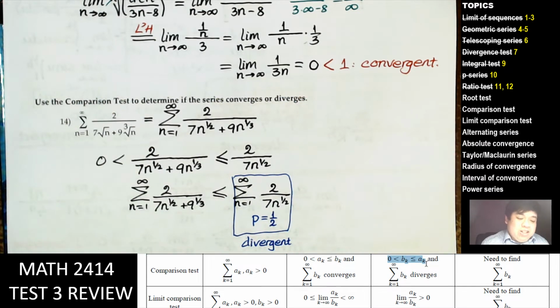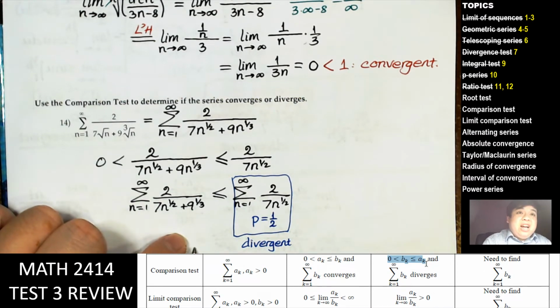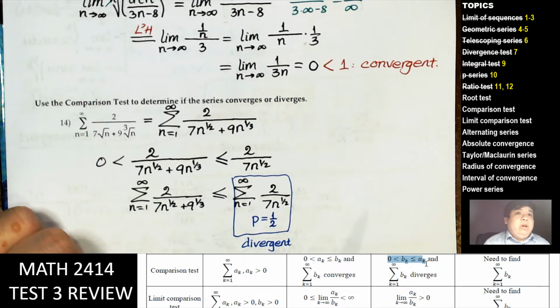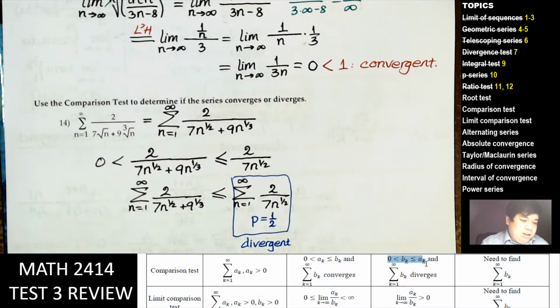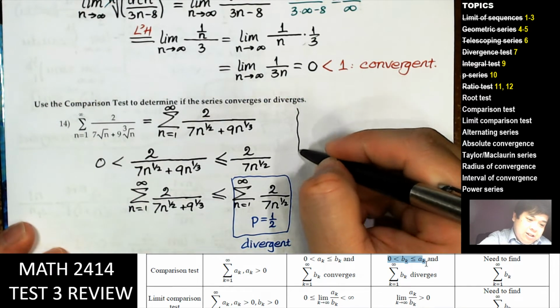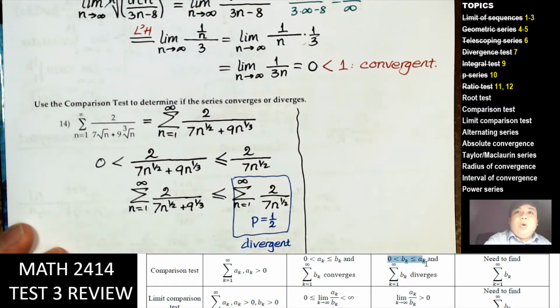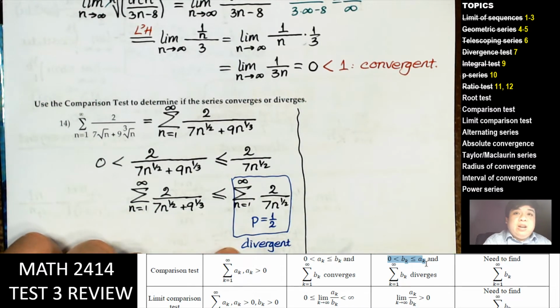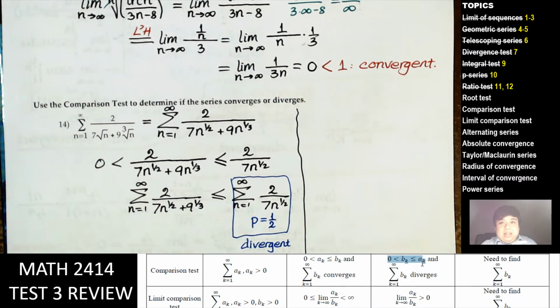This doesn't help, because if it's less than divergent, it could be convergent, it could be divergent. So this one doesn't help at all. So this solution doesn't work like this, because if it's less than divergent, it doesn't work. If it is greater than divergent, then that will work.